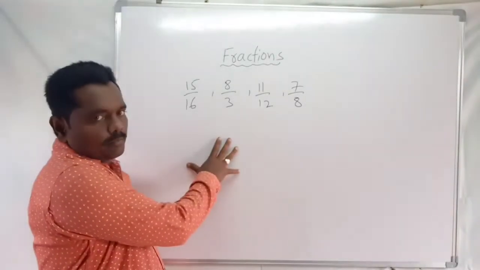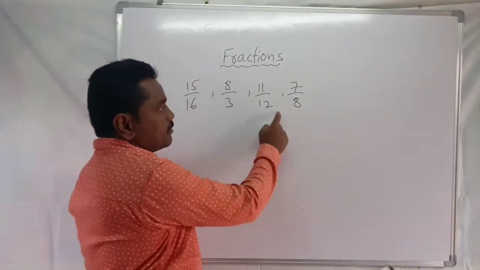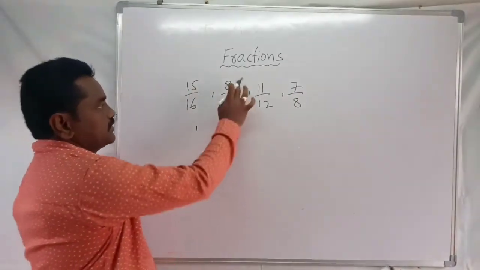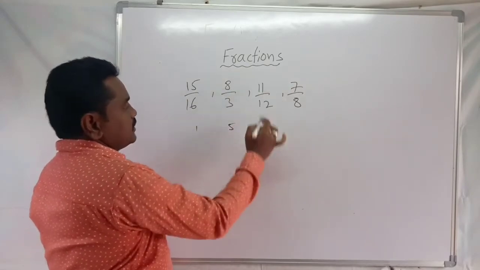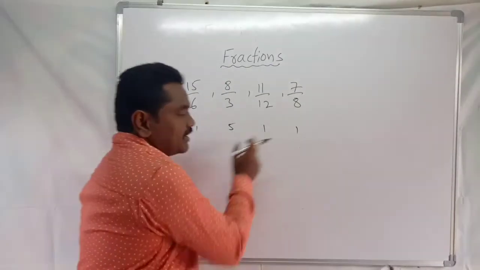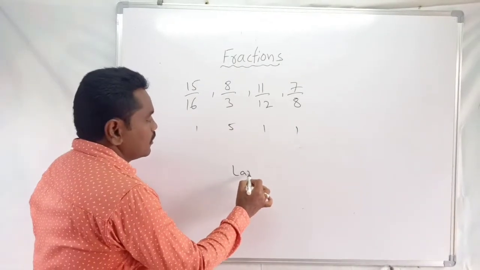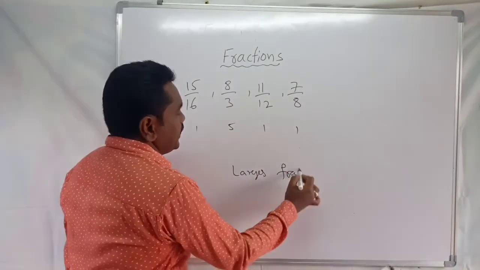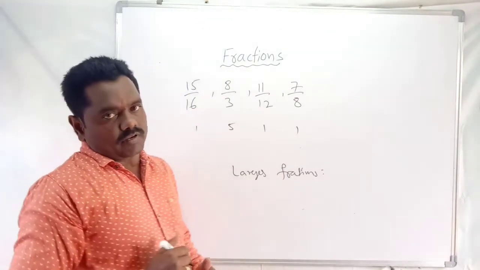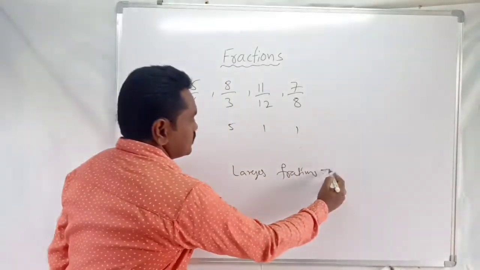This is another method. We observe the numerator and denominator of each fraction. The difference is 1, the difference is 5, the difference is 1, the difference is 1. Are all the differences not equal? At that time, the logic is that the improper fraction is the largest fraction.